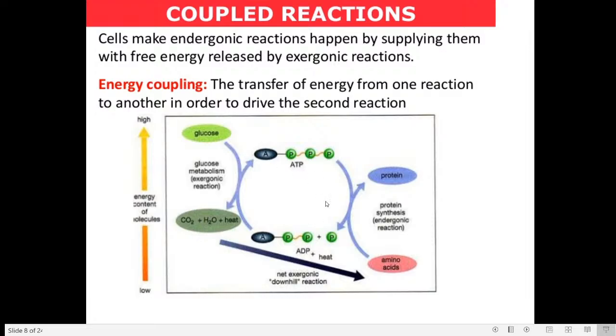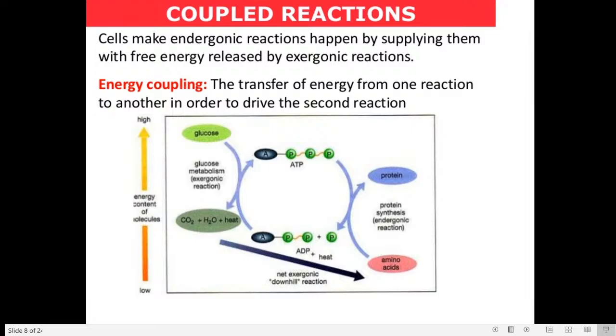This ATP is utilized by amino acids, and the amino acids synthesize protein. So that is the endergonic reaction, the protein synthesis pathway. Glucose is degraded into carbon dioxide, water and heat, and during that time ATP is released.